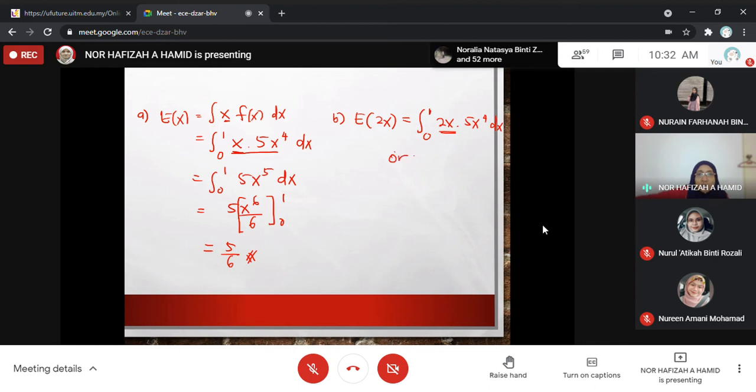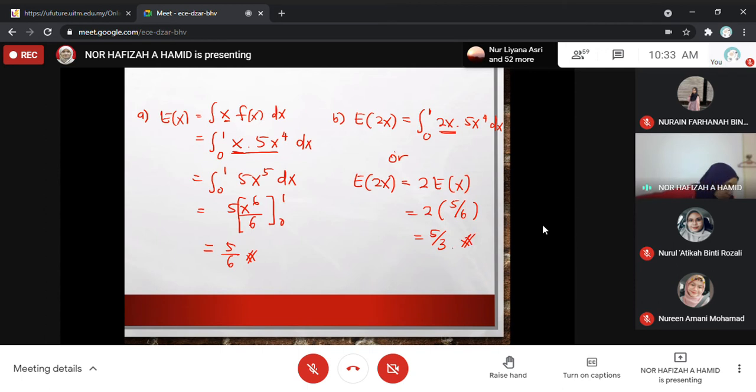Or you can use the rules of expectation, which is easier. If you apply the rule, E(2X) is also equal to 2E(X). So substitute E(X) that you calculated in A, which is 5 over 6, and you get 10 over 6, or 5 over 3. So E(2X) is 5 over 3. I solved this using the rules of expectation.